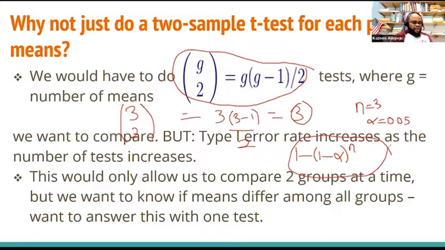For instance, if n equals 2, using 5%, the type 1 error is going to increase to 10%. And that's not good at all. And that is the reason why we don't want to conduct a t-test comparing two groups at a time in a situation where we have more than two groups.